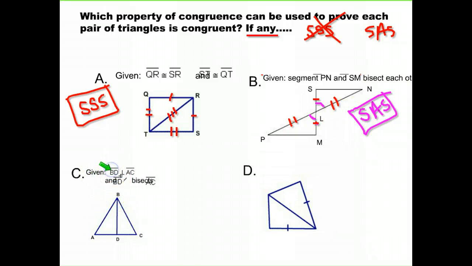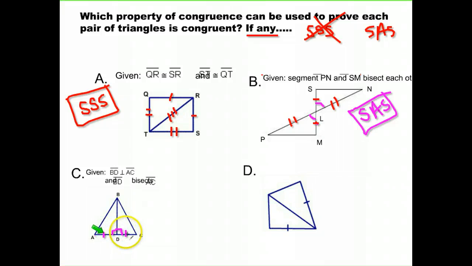Next picture, given that BD is perpendicular to AC. So that means that BD and AC, where they intersect down here, forms a right angle on both sides. And that BD bisects AC. So BD bisecting the line AC means it cuts AC into 2 equal parts.